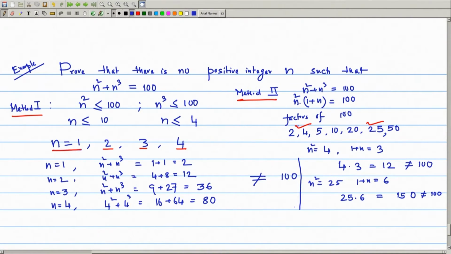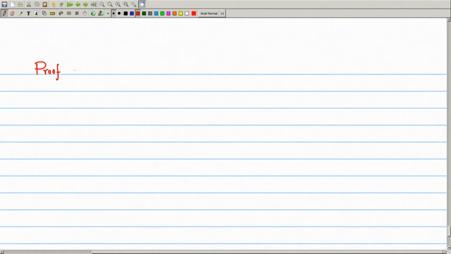So, this is one technique which actually comes from either the direct method or the indirect method, but we categorize this in a different way. We call that proof by cases, and many times this is very helpful or much easier to prove some theorems. So, we can tell that this is the proof by cases.